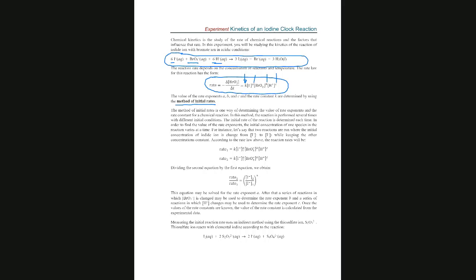So what we do is we do different runs, different reactions, and we keep the concentration of one, let's say iodine, let's say we vary one and we keep the concentration of the other two constant.